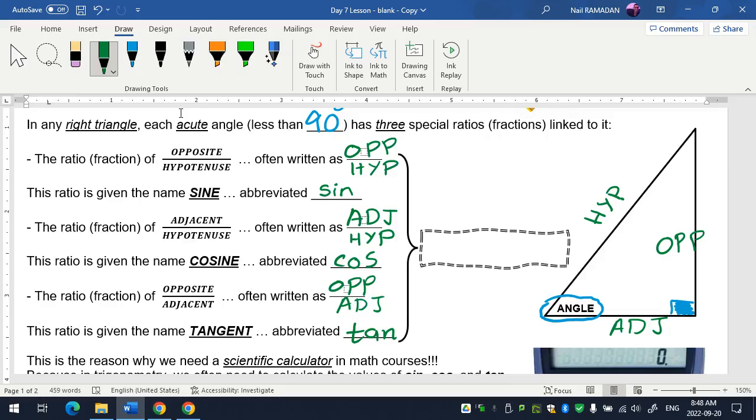So let me show you an interesting way to write it. I want you to write SOH dash CAH dash TOA. Okay, I hope there's enough space. Now, what I want you to do is this.